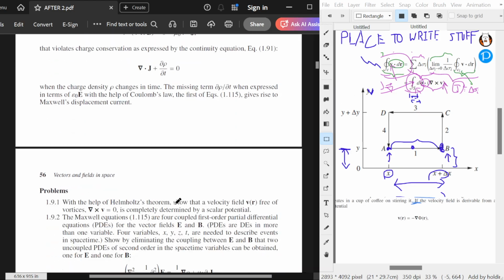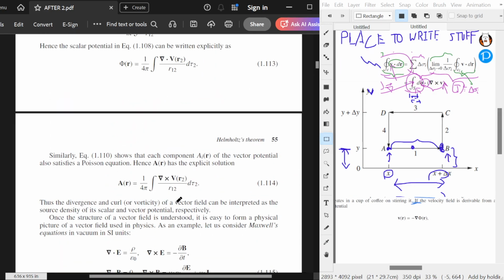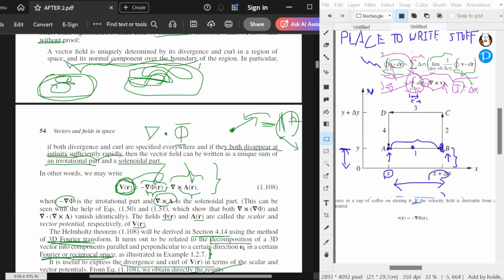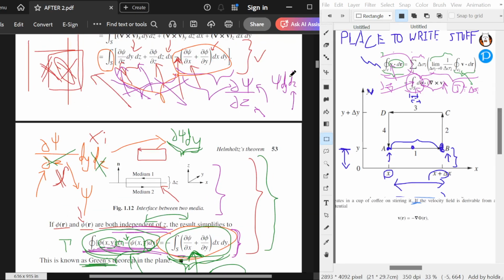Okay, they're just gonna keep on yapping, so let me pause for a bit to hone in on what they were saying here. This can be seen with the help of equations 1.5 or 1.51. So let's go get 1.5 and 1.51.